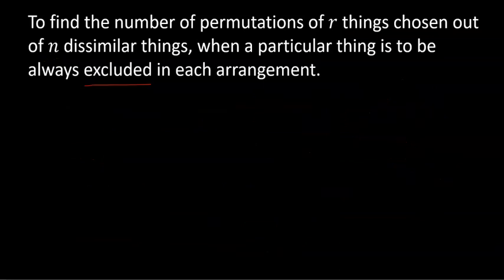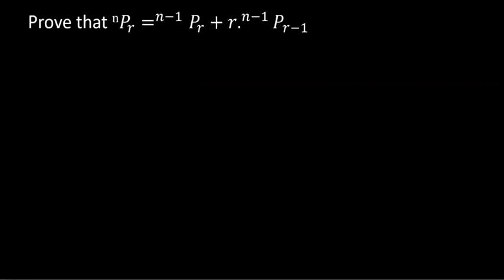So I'm going to rewrite this particular thing here. It will come out to be n minus 1 PR in terms of exclusion. Let's have a very small proof, and let us understand how this small simple thing of permutation actually works.